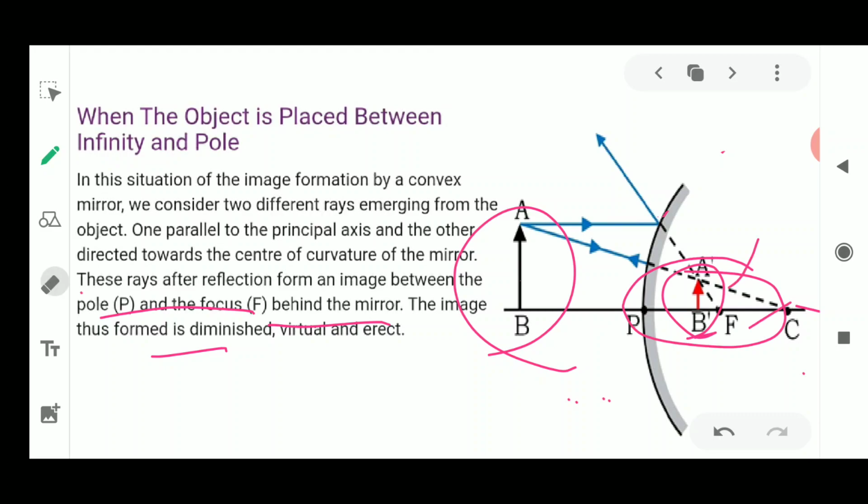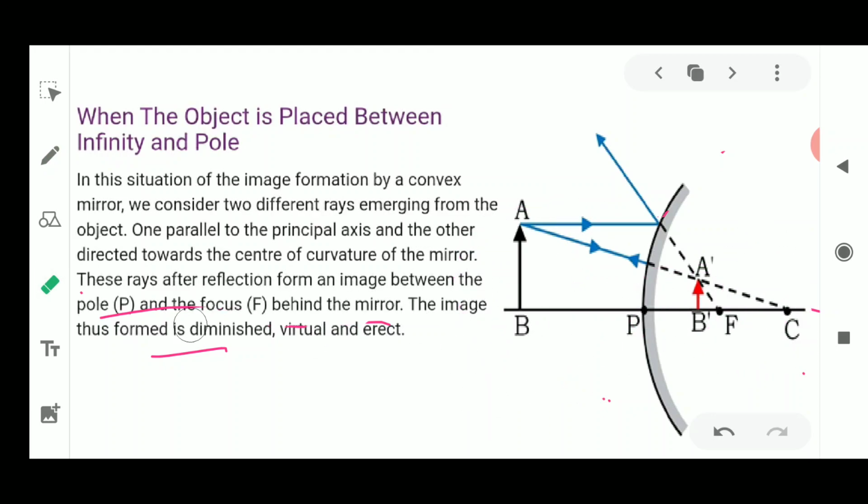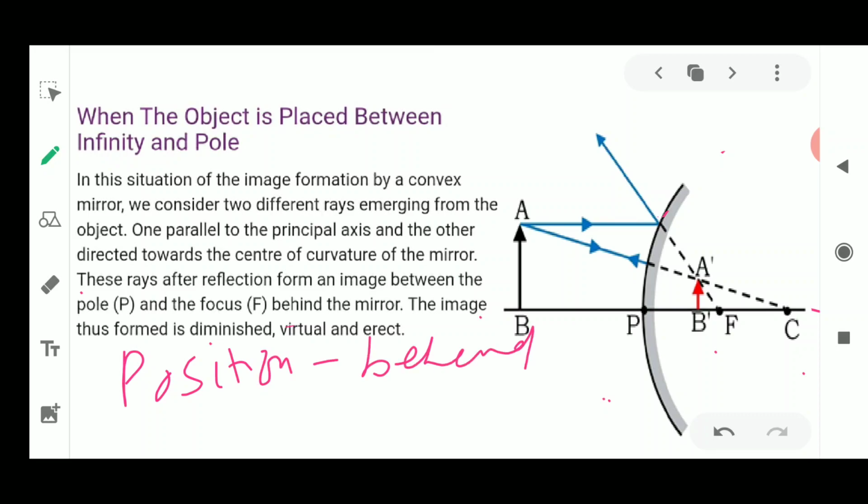Because you could not see properly, that is why it has been drawn with a solid line, but in the diagram it should always be drawn with dotted lines. Please remember that the virtual side will always be drawn in a dotted line. So here the image will also be formed in a dotted line, but it is always erect. What is the position of the image? Please remember, the position of the image is behind the mirror, and it is between pole and focus.